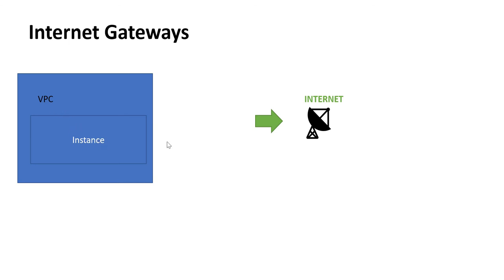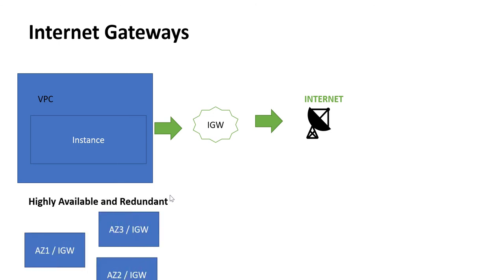In order to connect to the internet, this cannot connect directly. So there has to be a gateway in between. This gateway is called an Internet Gateway. You can say IGW as well.